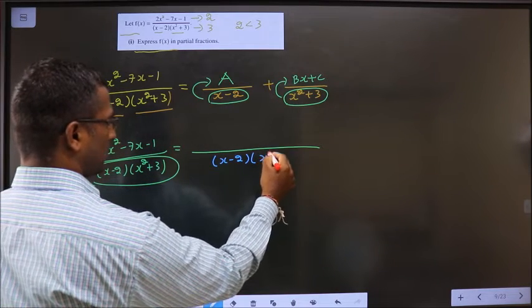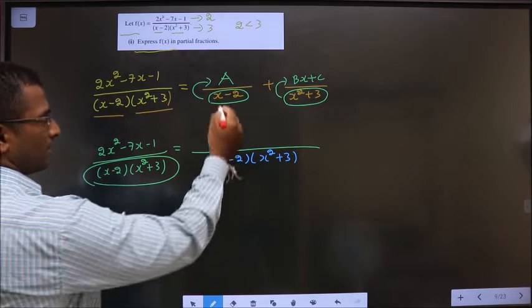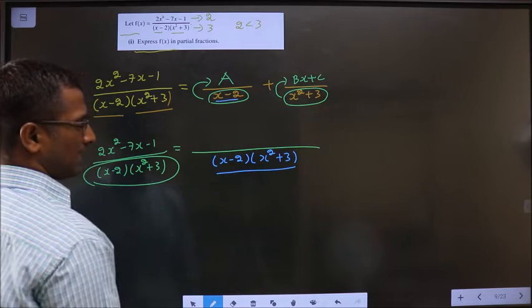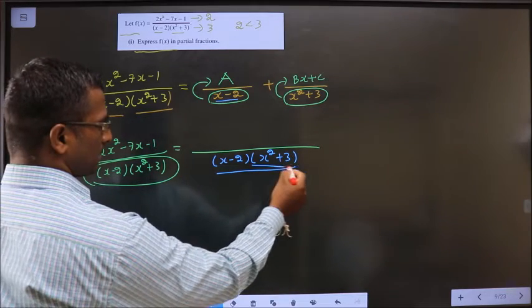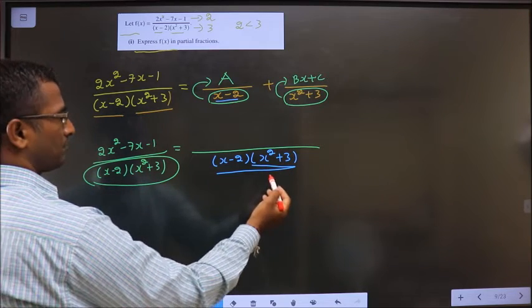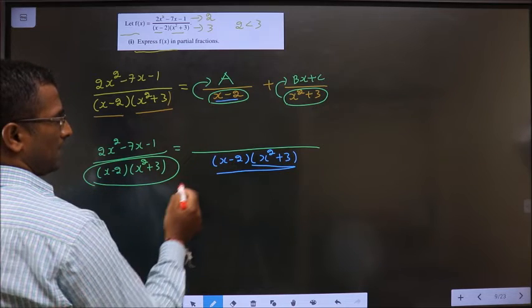Even if you take the LCM, you still get the same thing. Now, x minus 2 should convert into this entire thing. So this is missing. So multiply this with x square plus 3. Whenever I am multiplying to the denominator, I should also multiply to the numerator.